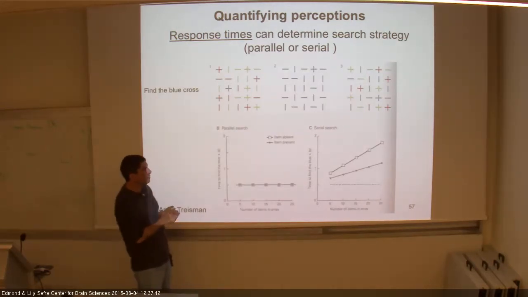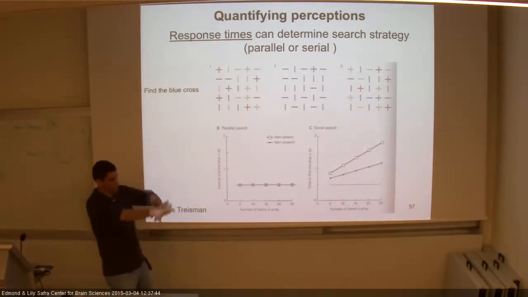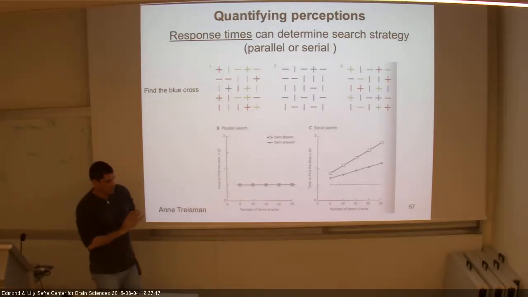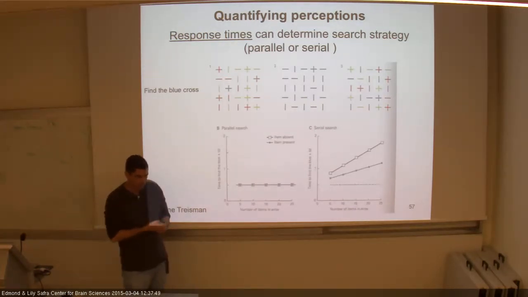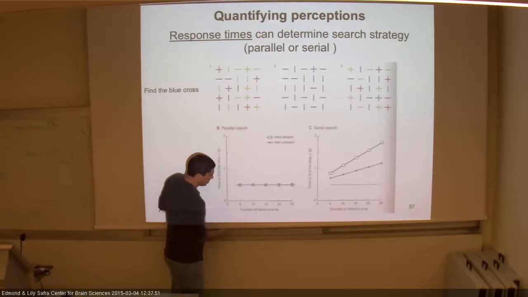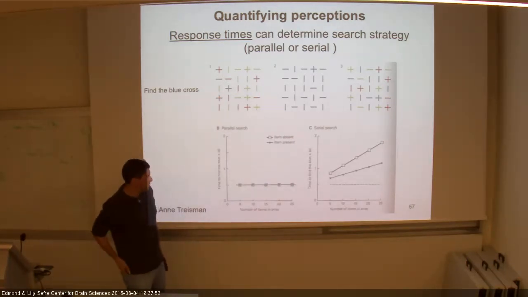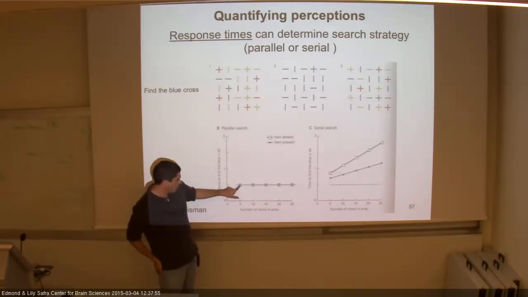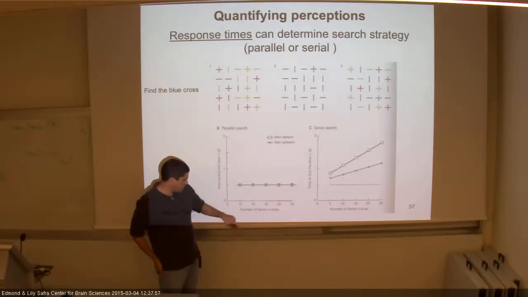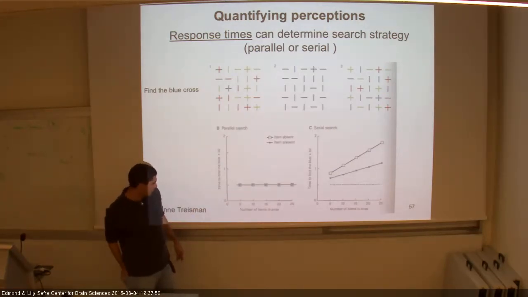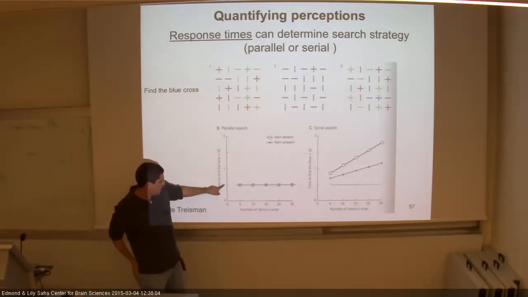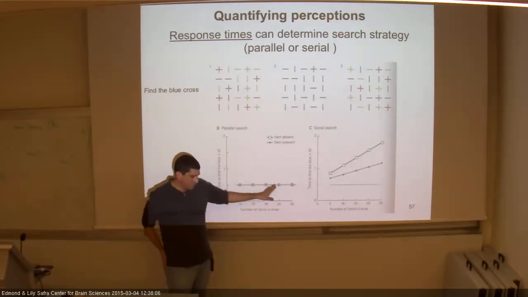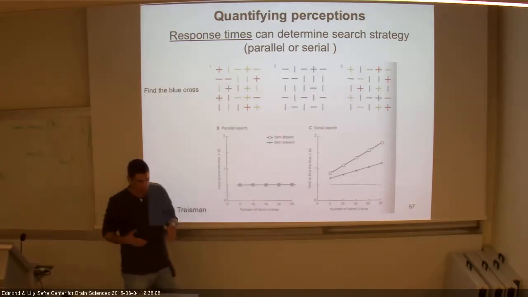Okay, and this means that actually perceptually we're having what she called the parallel search, and this is just some data from these kind of experiments where the subject had to give a response in a given time. In this case, it's a half a second, and it was half a second regardless of the size of the matrix.